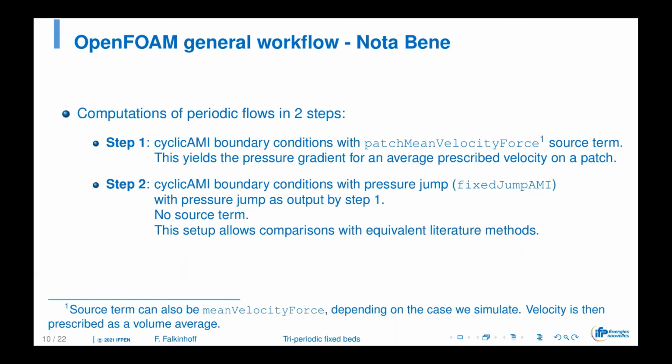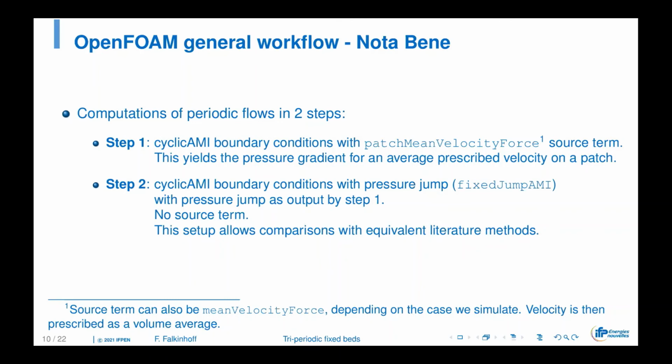These source terms impose inside your domain a pressure gradient such that you verify an imposed and prescribed velocity, either on the patch for patchMeanVelocityForce, or on the volume for meanVelocityForce. Out of there, we get the pressure gradient.